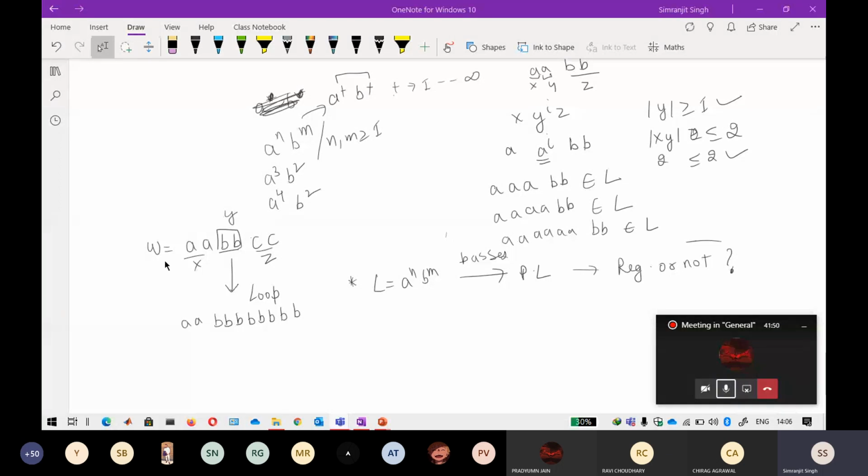So it is saying some loop is present, and that is tackled by the pumping lemma.